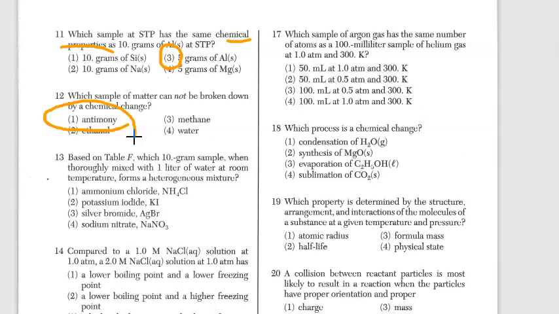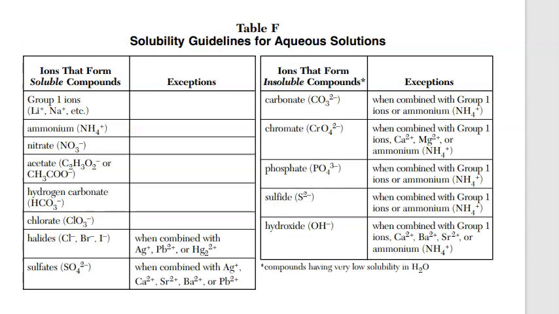All right, 13, based on table F, which 10-gram sample, when thoroughly mixed with 1 liter of water at room temperature, forms a heterogeneous mixture? Heterogeneous means it's not going to look the same throughout. Let's take a look. So for reference table F, we're looking at what's soluble in water and what's not.